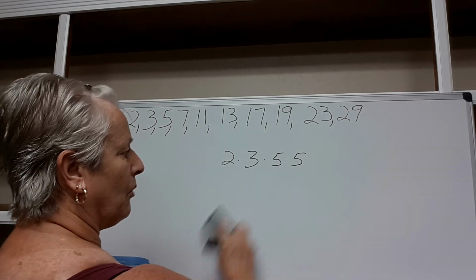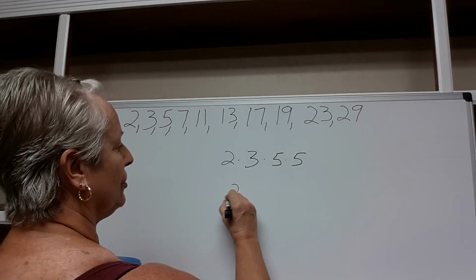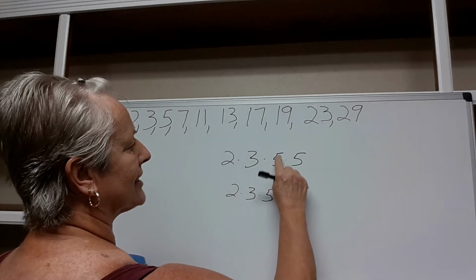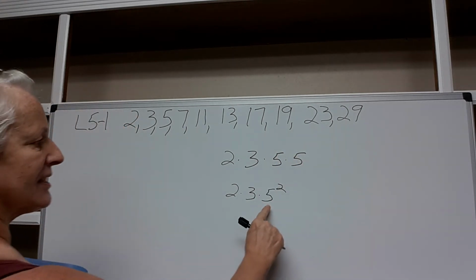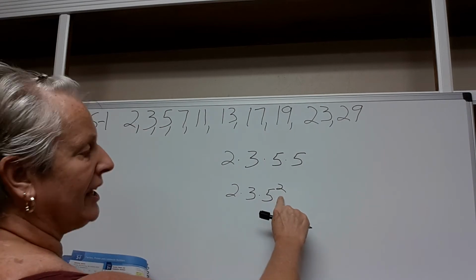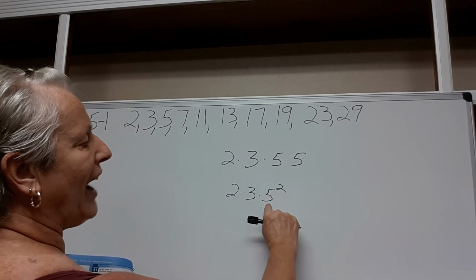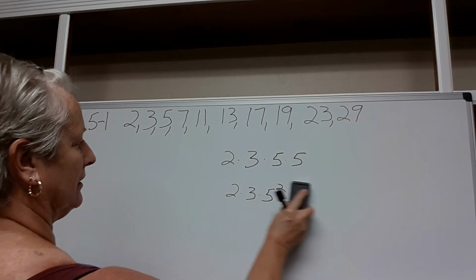This one, when I changed it after I factored it, I would have 2 times 3 times 5 squared because I have 2 5s. That means it's not 5 times 2. It means it's this number times however many these are. So 5 times 5 is 25, not 10.